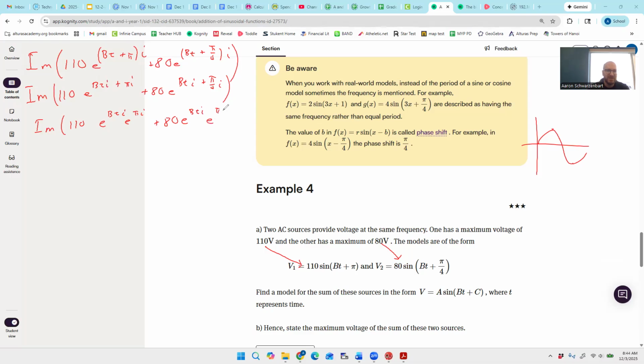This makes sense what I've done so far? So I just distributed the I and split it up. I'll factor out the e to the bti. Again, I'm still in the imaginary. Now I'm going to take the calculator and add those, which is brilliant because it can.